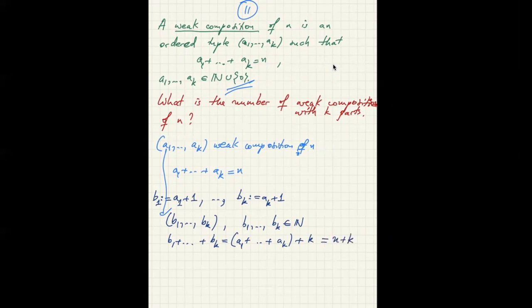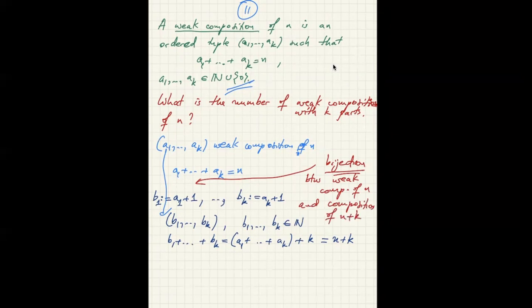And it turns out again that this correspondence is a bijection, but it's a bijection between what? It's a bijection between weak compositions of n and compositions of the number n plus k.